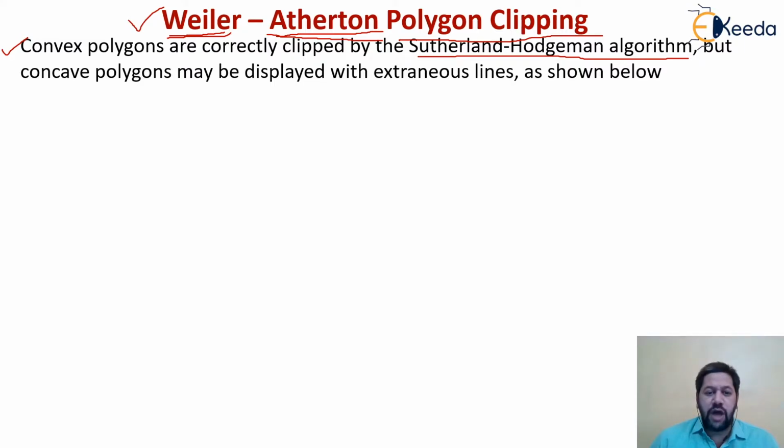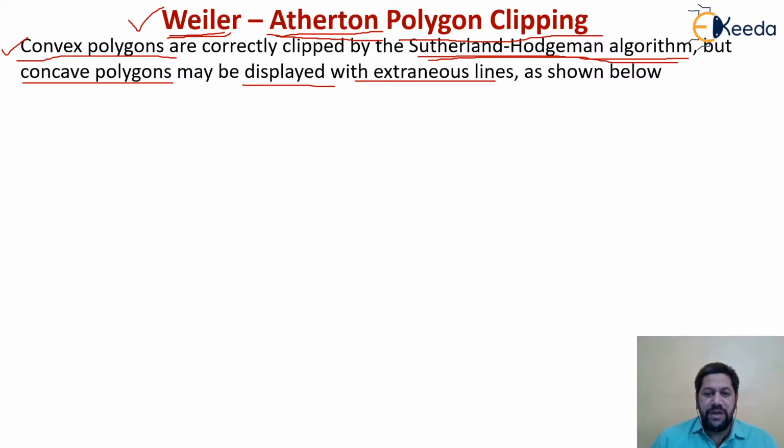Convex polygons are correctly clipped by the Sutherland-Hodgman algorithm, but concave polygons may be displayed with extraneous lines.